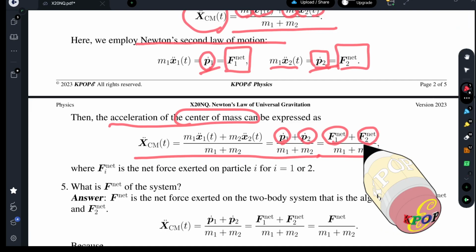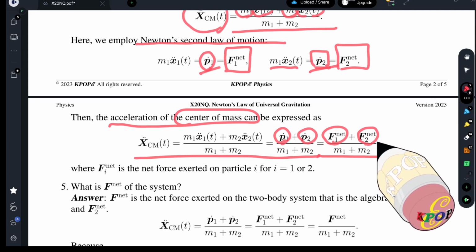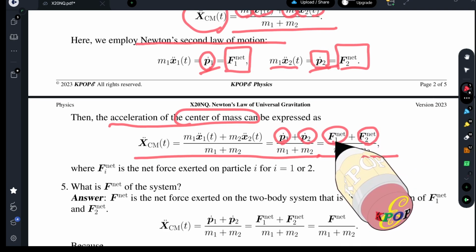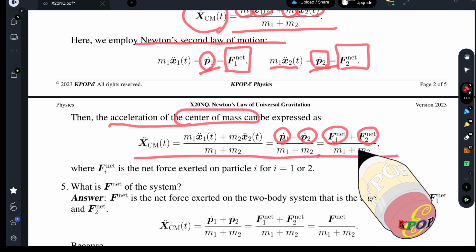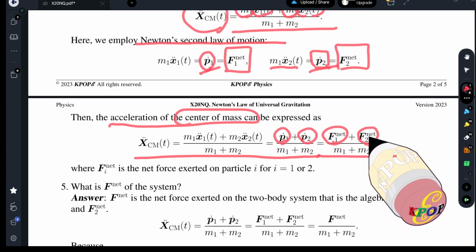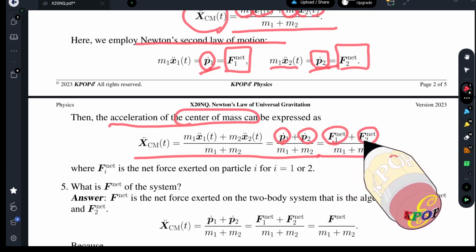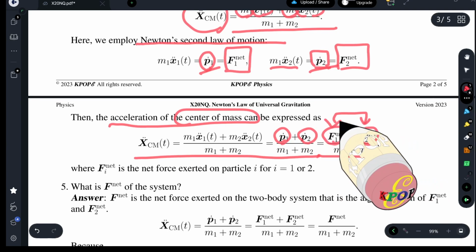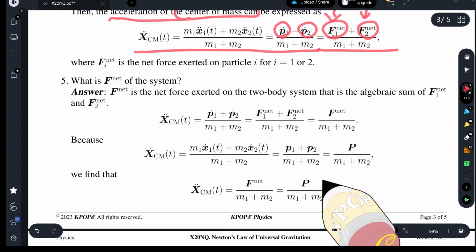So if I consider the fact that the superposition principle works for the addition of forces, the sum of net forces applied to particles 1 and 2 is the net force applied to the whole system, the two-body system.